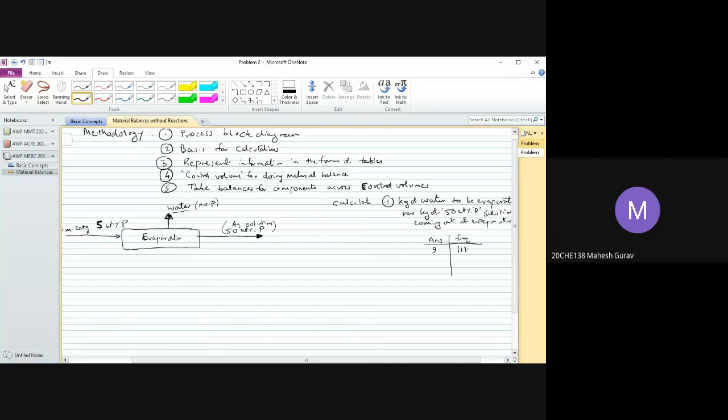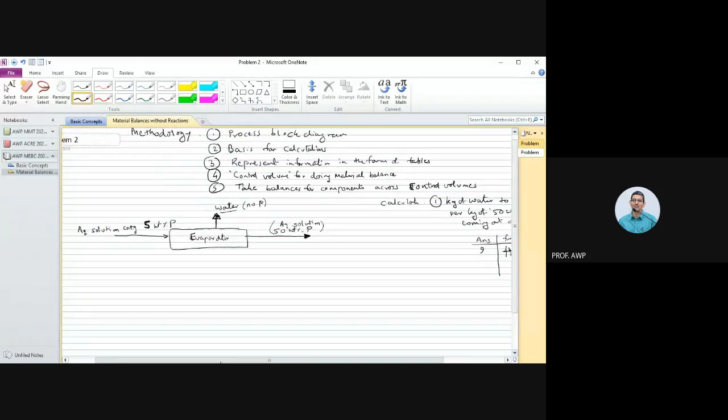Seems very simple. Any other answer? Very straightforward.